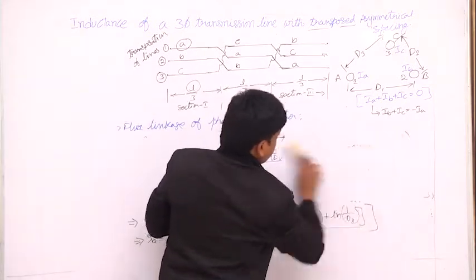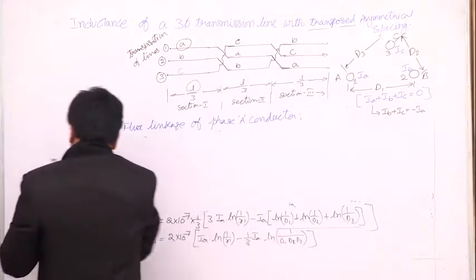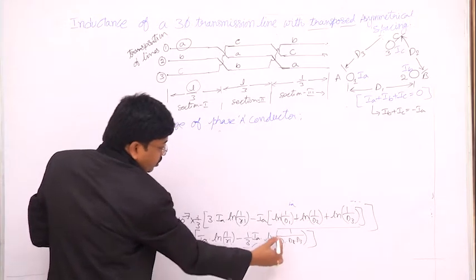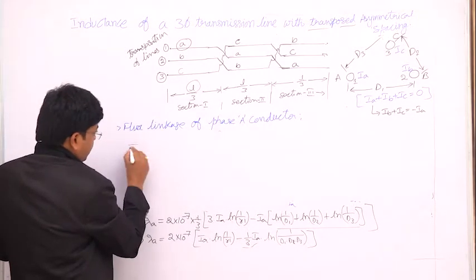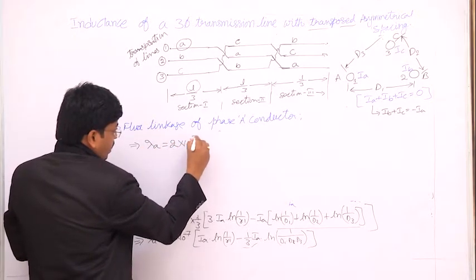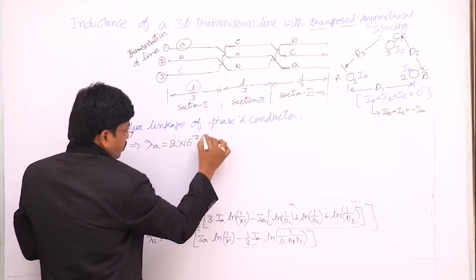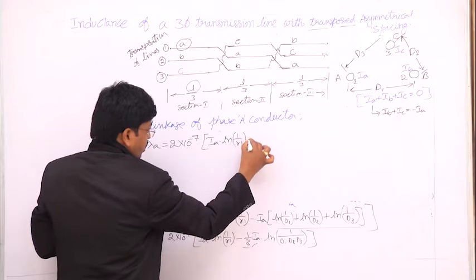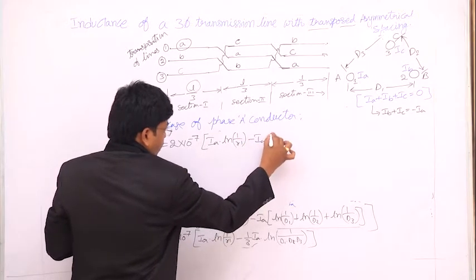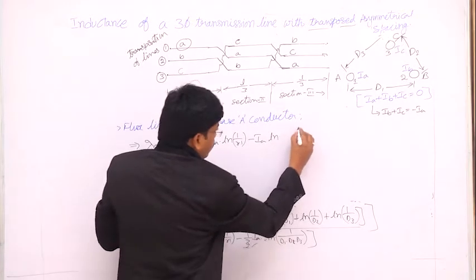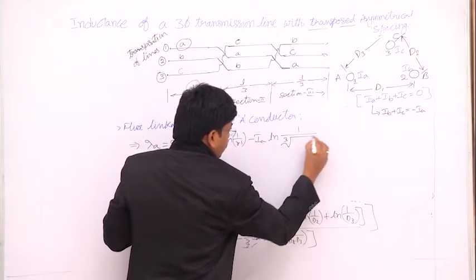Now, in this term, the 1 by 3 can be shifted inside the logarithm. So the resultant value will be lambda equivalent to 2 into 10 power minus 7 into IA logarithm of 1 by R dash minus IA into logarithm, where 1 by 3 can be shifted into the logarithm and it becomes a root value, so 1 by cube root of D1, D2, D3.